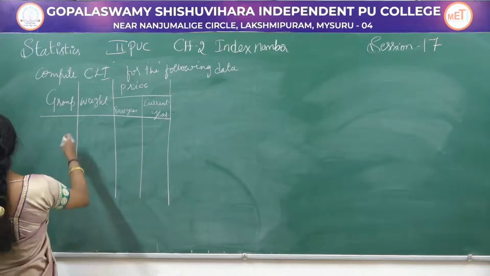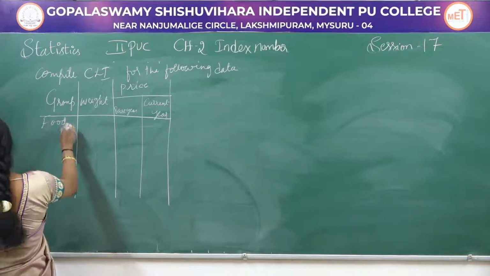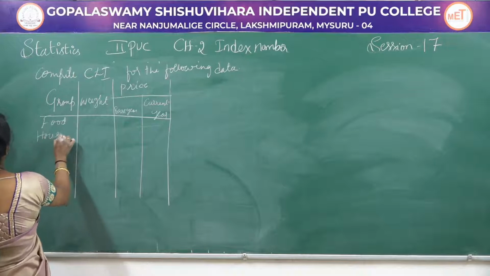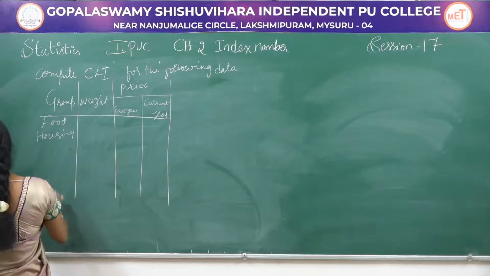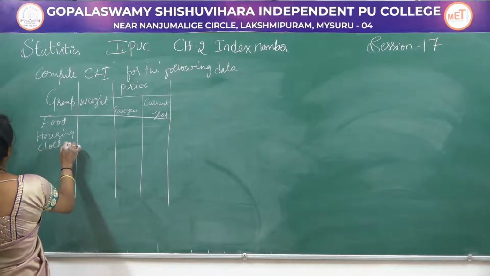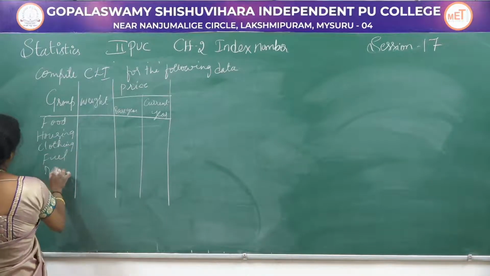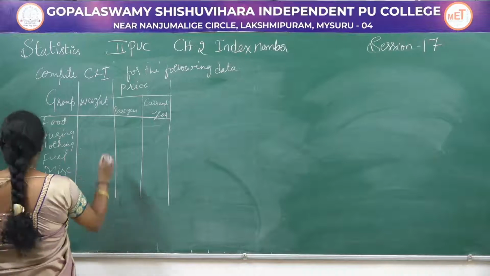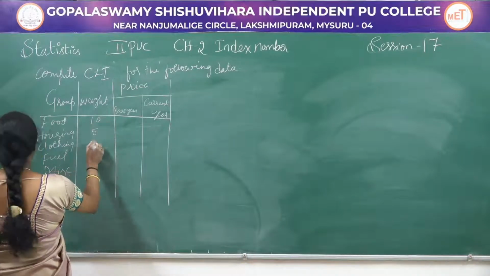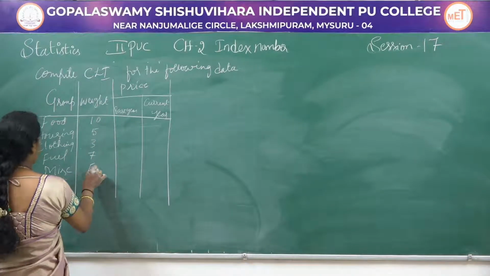The groups are food, housing, clothing, fuel, miscellaneous. And weights are like this: 10, 5, 3, 7, 5.